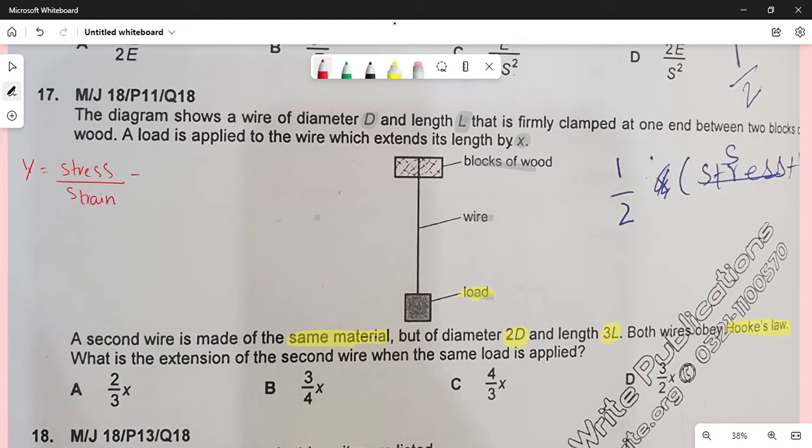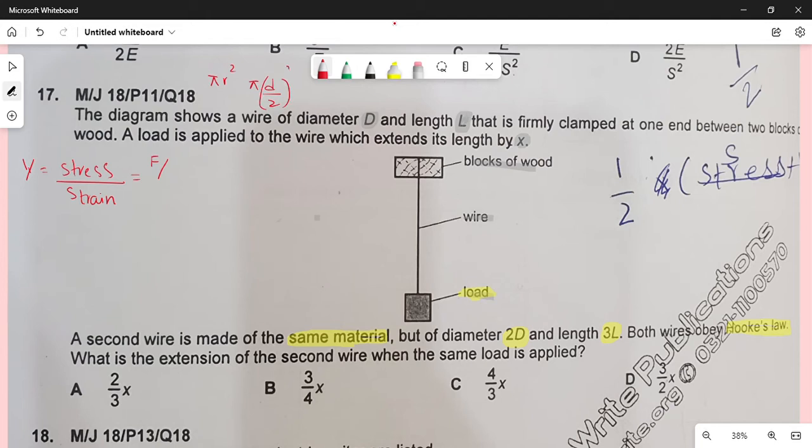For the first scenario, the force is F over area. We know that pi r squared is the formula for area, but when we replace r with d over 2, it is pi (d over 2) squared.